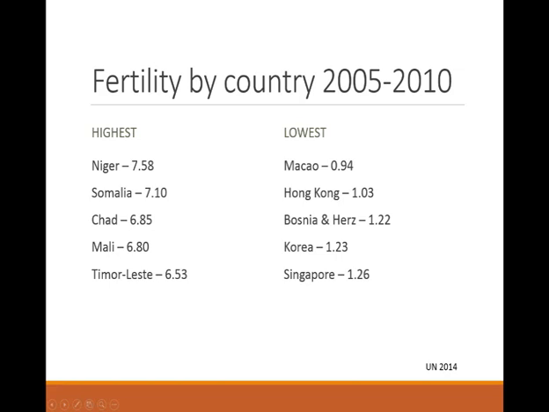If you're interested, there are lots of articles around the causes of these higher fertility rates in these countries, but really the biggest factor in the relationship with fertility rates is actually poverty. So higher poverty rates increase fertility rates.